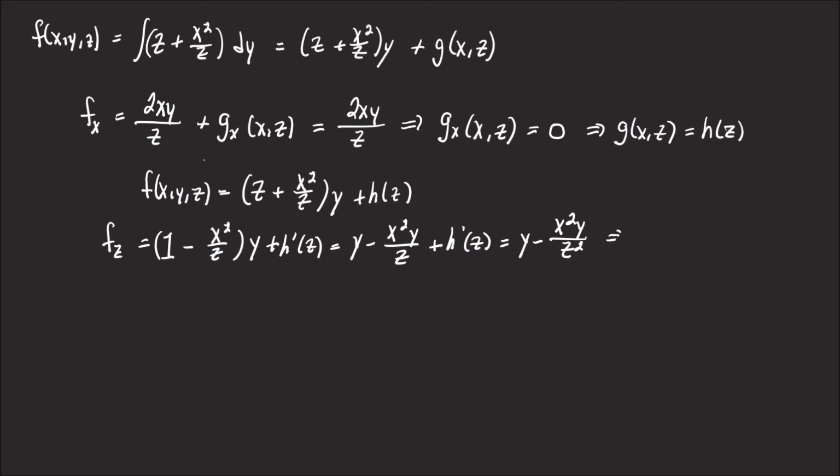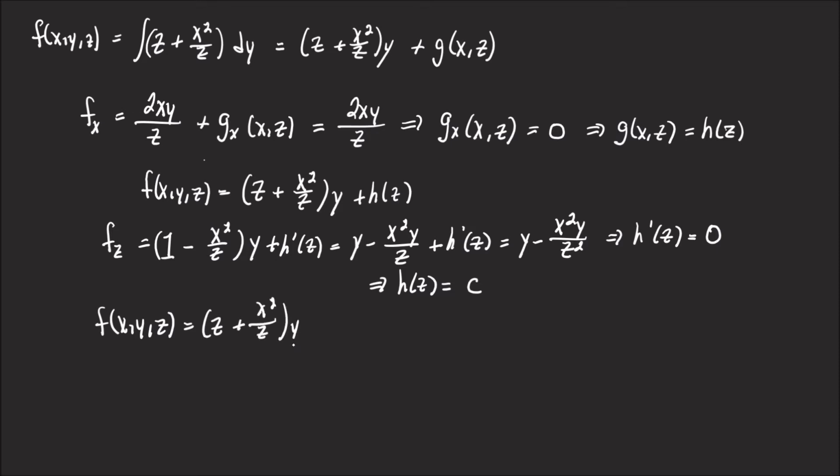This means that h prime of z is equal to 0, which means that h of z is actually just a constant function. We now have f of x, y, z is equal to z plus x squared over z, all times y, plus a constant.